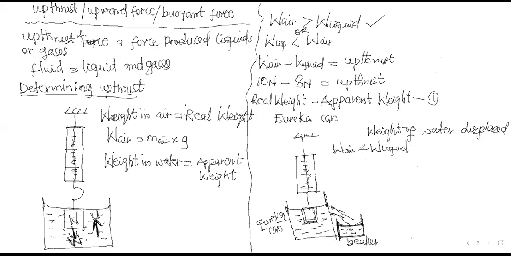So here we have weight in air minus weight in liquid equal to weight of water displaced. So that's the second method of determining upthrust.